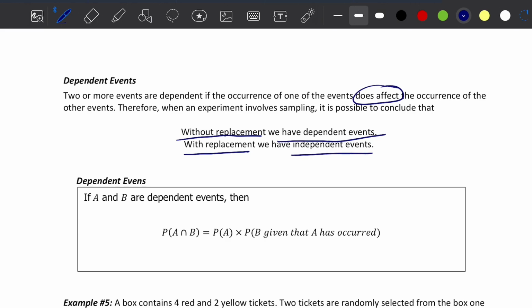So in case the events A and B are dependent events, then we can say that P(A intersect B) equals P(A) multiplied by P(B given that A has occurred).